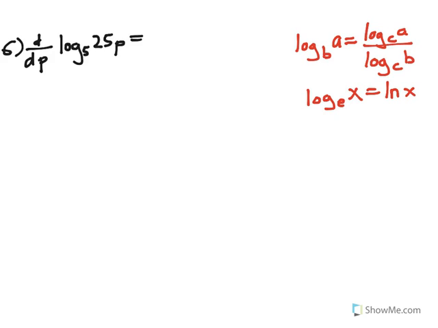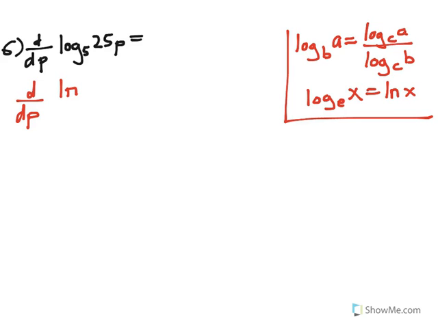Alright, so d dp of, let's see, this is going to be, oops, not log, we're changing it to log base e, which is the same thing as natural log.